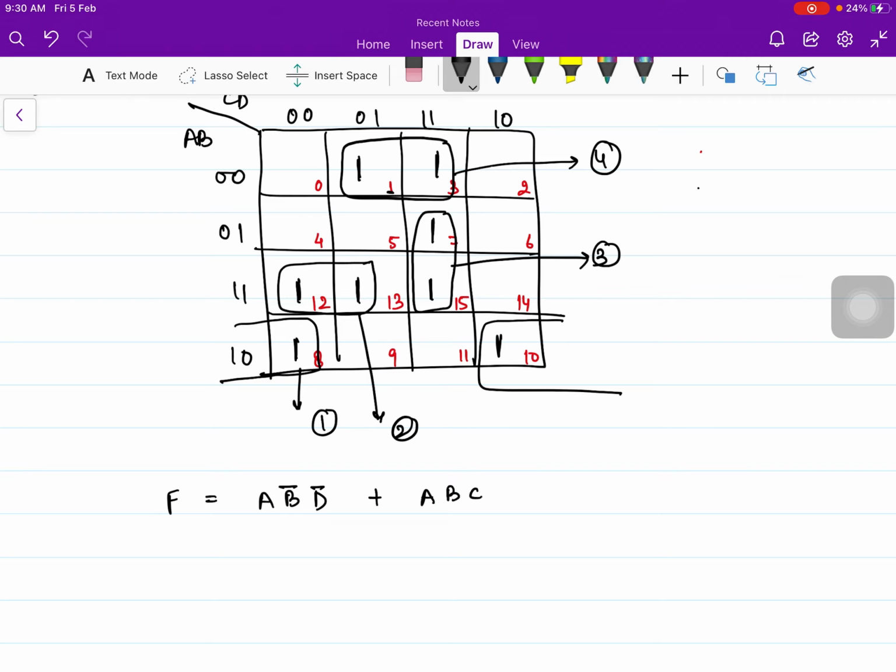For the second group it is A B C bar. For the third group it is B C D, and for the fourth group it is A bar B bar D. I hope it is clear.